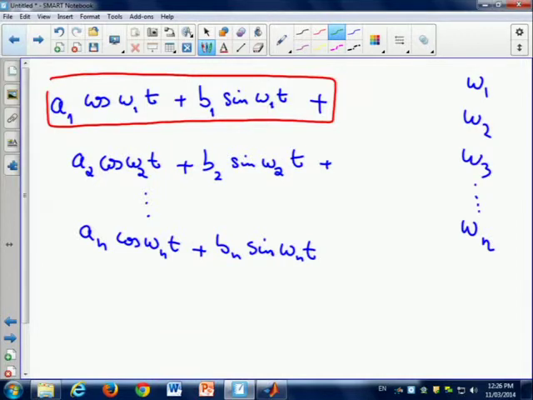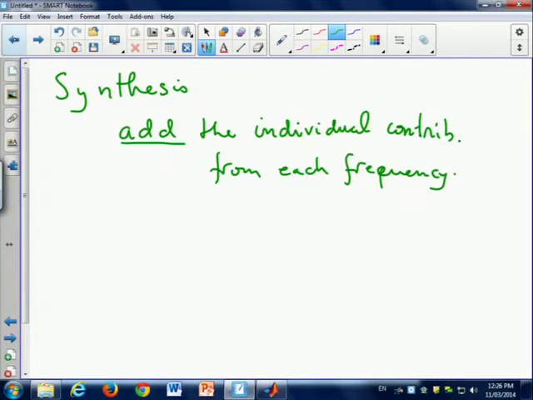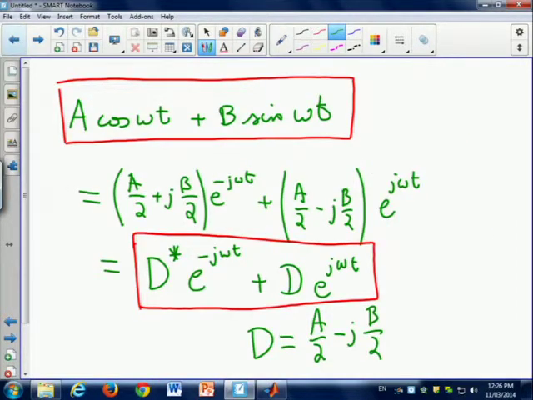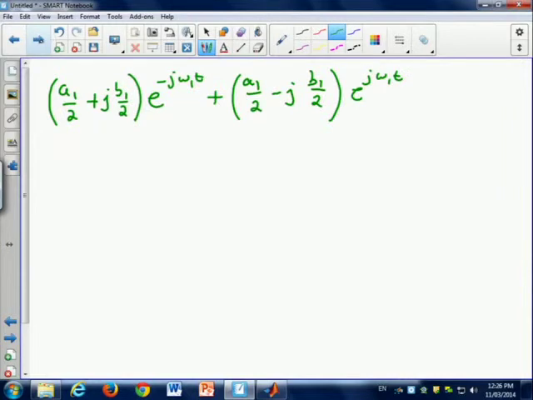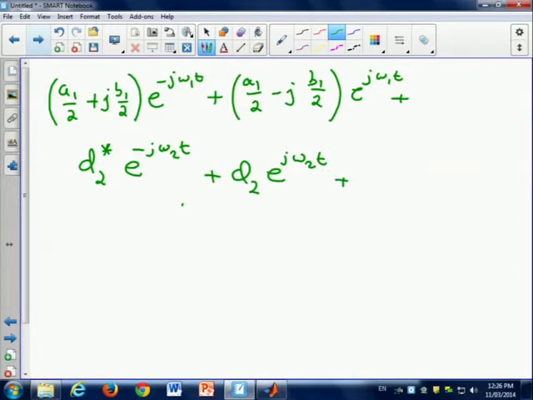And we know that because of what we did last week. Now I'm going to write d2 star e to the negative j omega 2 t plus d2 e to the j omega 2 t, plus, etc.